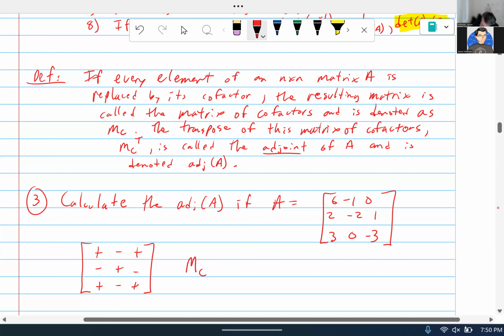So M sub C is going to be the matrix of cofactors. I'm just going to run through this fairly quickly.